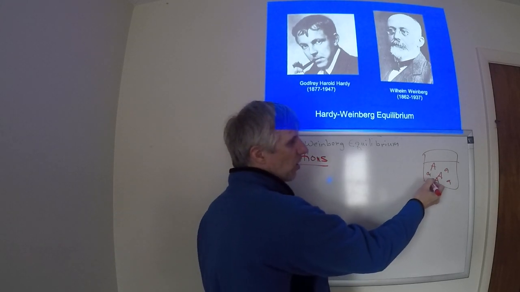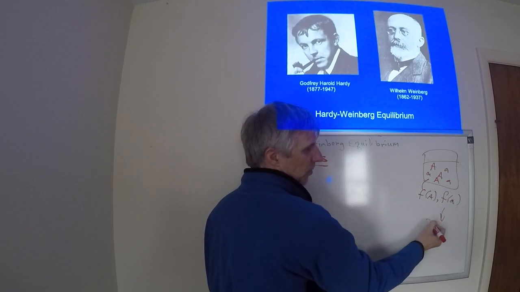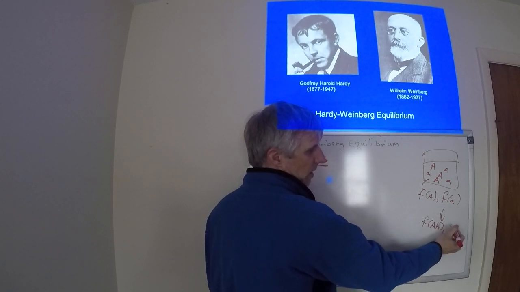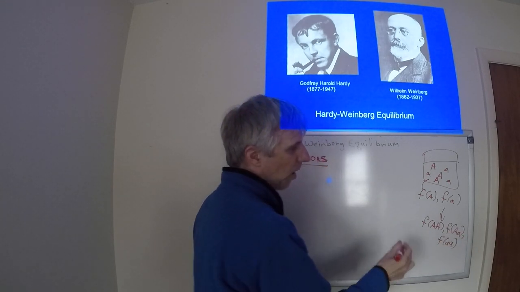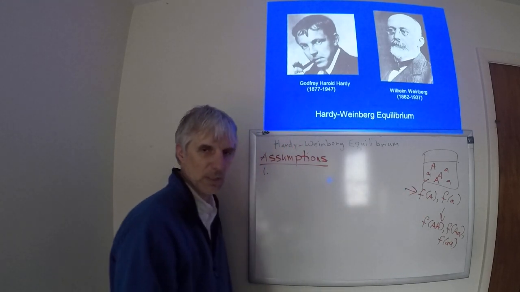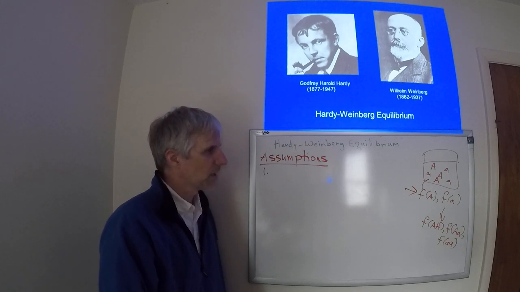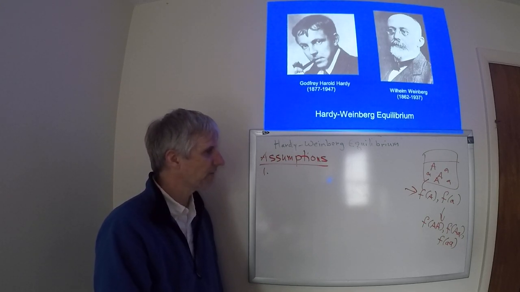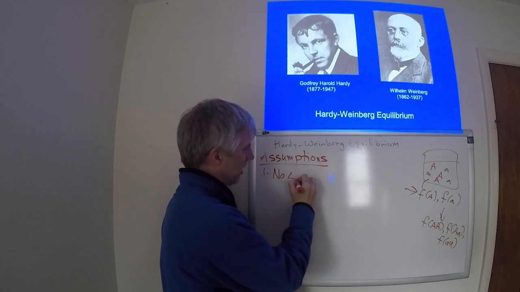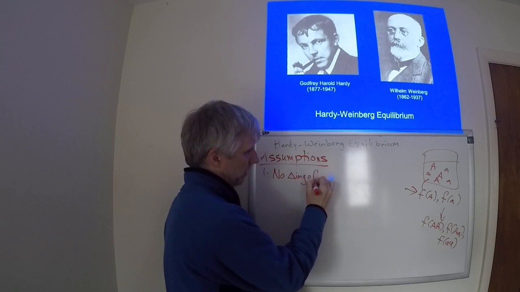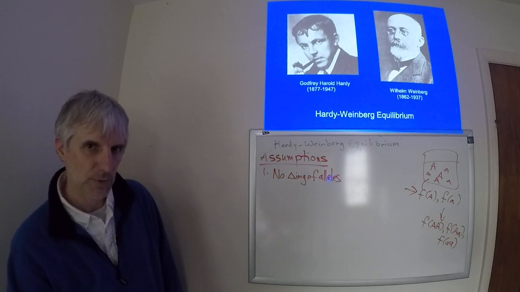In other words, if I know what the allele frequencies are in the bucket, I can predict what the frequencies of these genotypes will be in the next generation, but only if these frequencies stay constant and some other things stay constant. So one of the assumptions that you have to make is that you can't change the alleles into other alleles.